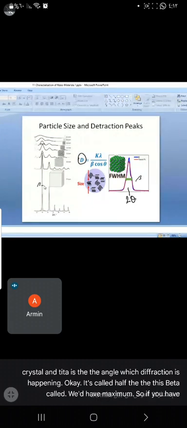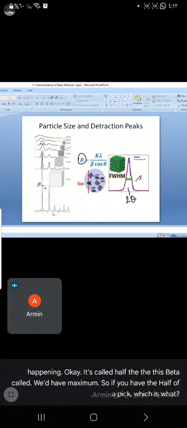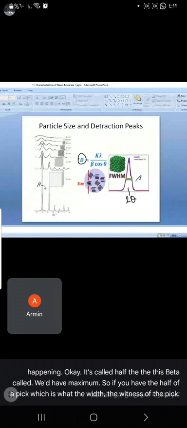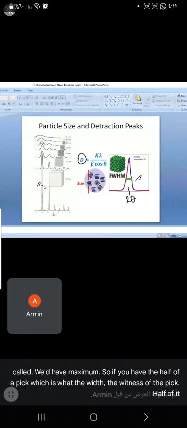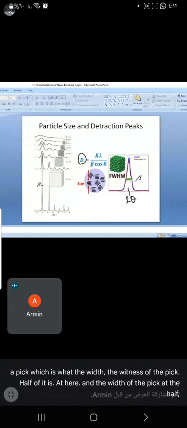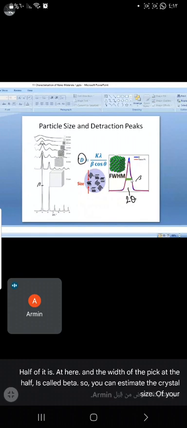If you have the half of a peak, the width of the peak at half of its height is called beta. So you can estimate the crystal size of your material with this equation.